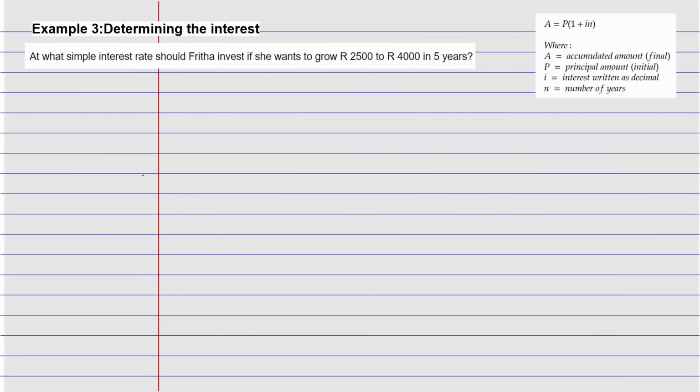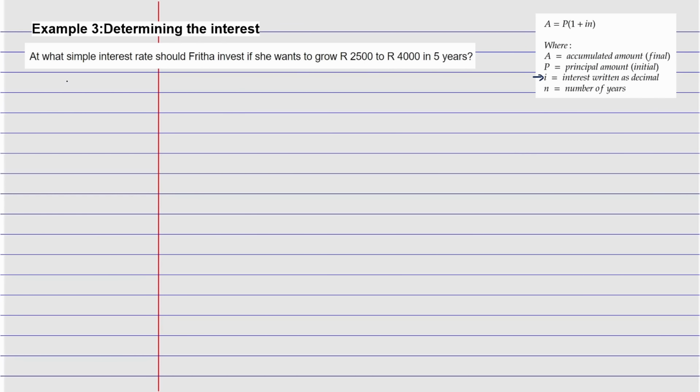Example 3. It says, at what simple interest should Farida invest if she wants to grow 2,500 to 4,000 in 5 years? So what do we see? We see that we are given everything, but we need the interest. We are calculating the interest.